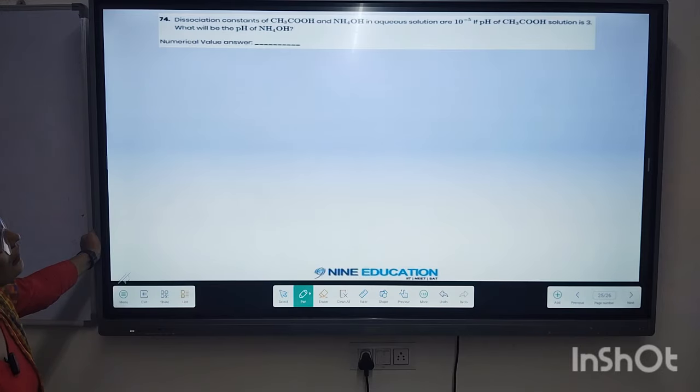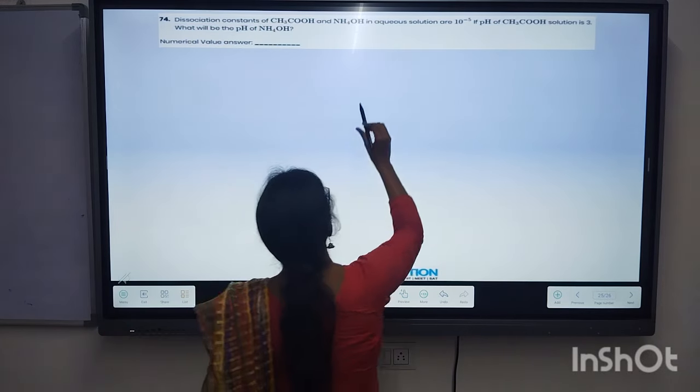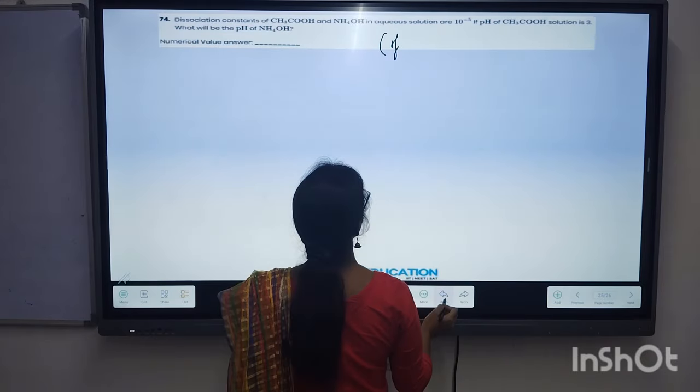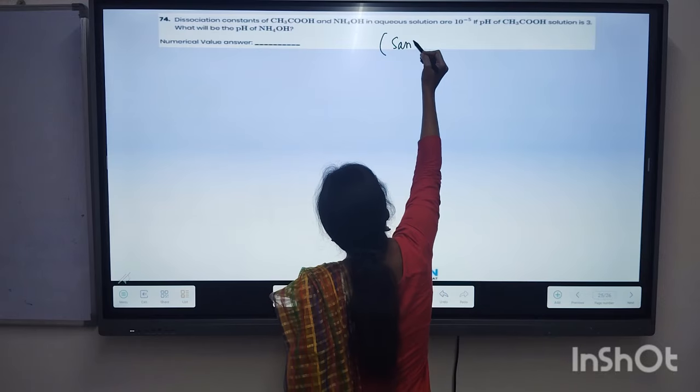So we have acetic acid and NH4OH in aqueous solution. There will be a little correction: aqueous solutions having the same concentration.